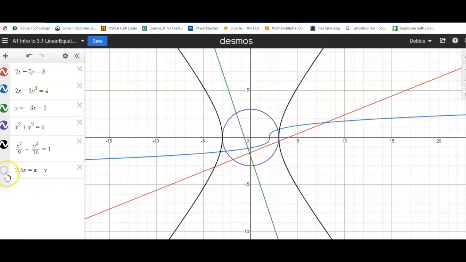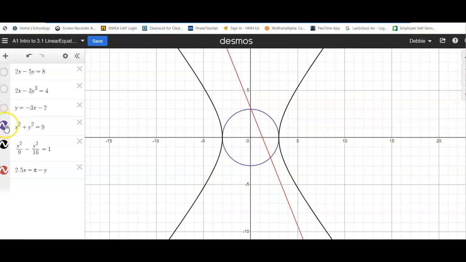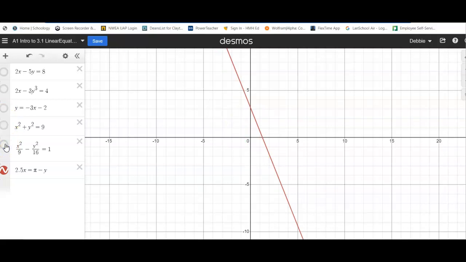And last but not least, we have 2.5x equals pi minus y. Let's get rid of these one by one so we can really take a look at this one. It's just a line, isn't it? Even though it's got pi in it.